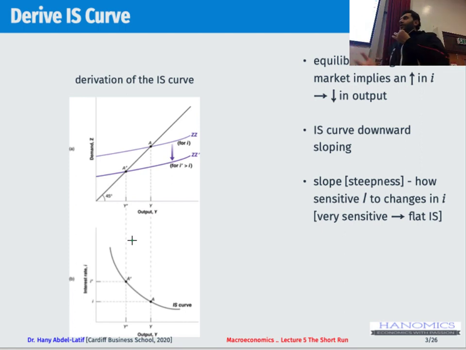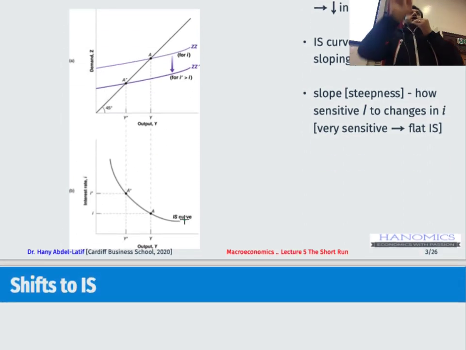Of course, the other way, if investment is not really sensitive and doesn't respond to changes in the interest rate, the IS will become steeper, more like a vertical line. But in all cases we know it's a downward sloping curve. So how steep it is depends on how much investment will respond to the change in the interest rate.